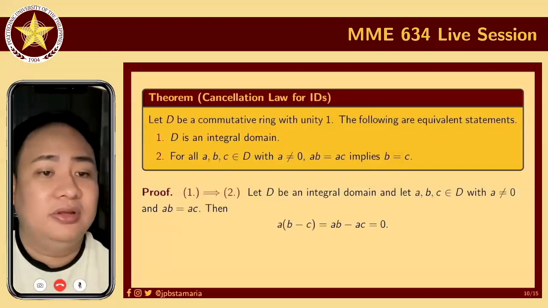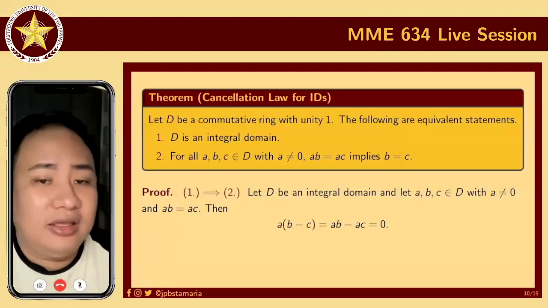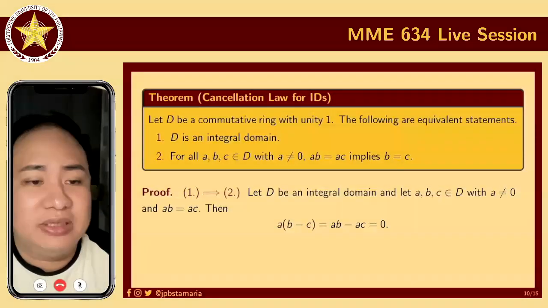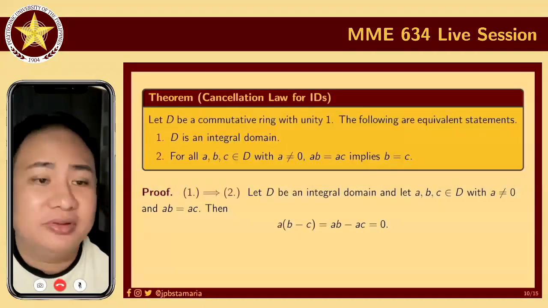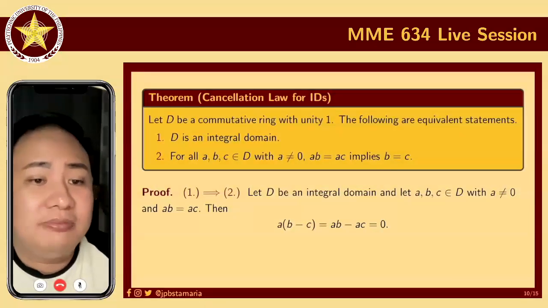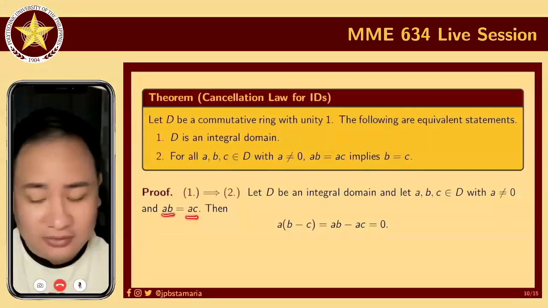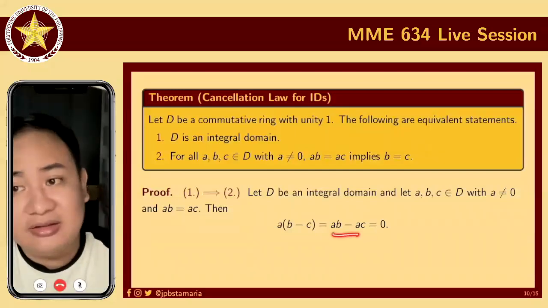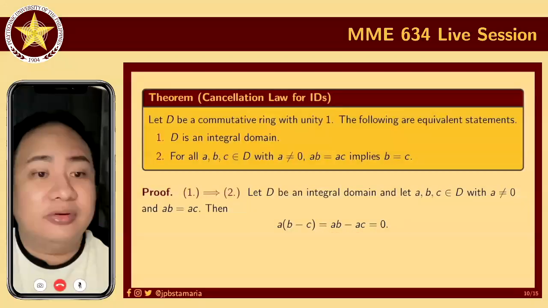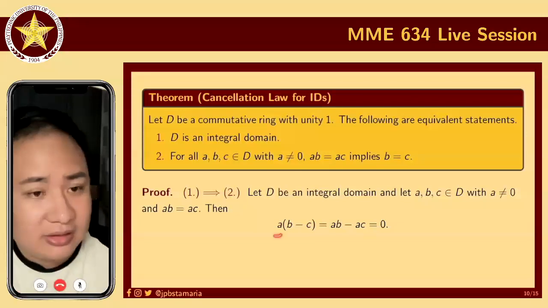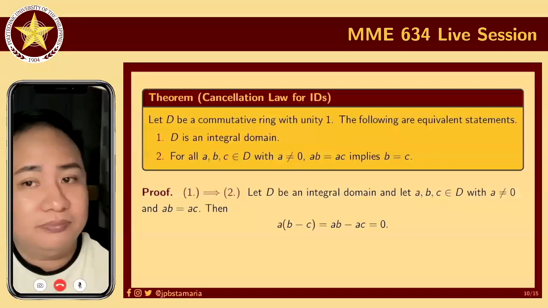Ganito. Pansinin nyo lang na ang A times the parenthesis B minus C by distributive property is AB minus AC. But by hypothesis, AB is equal to AC. So what's AB minus AC? That's 0. Therefore, the product A times B minus C is 0.